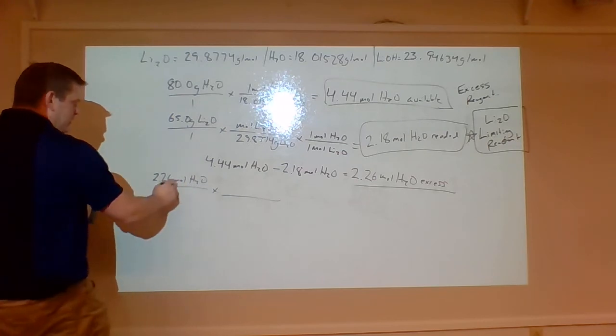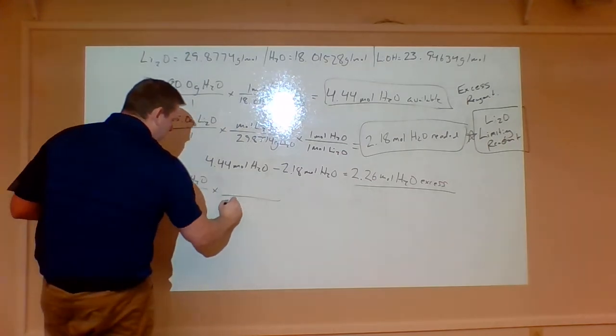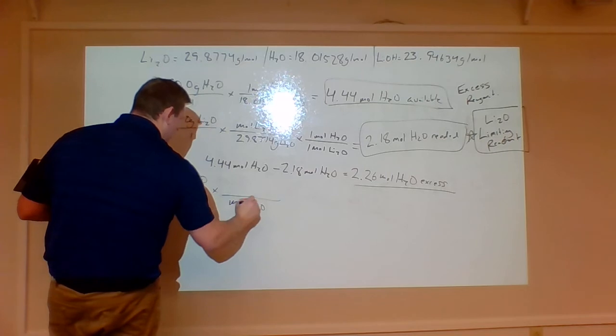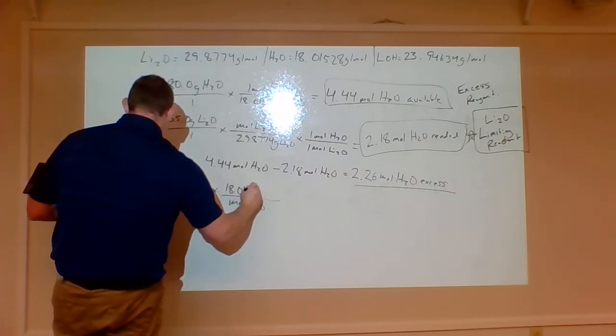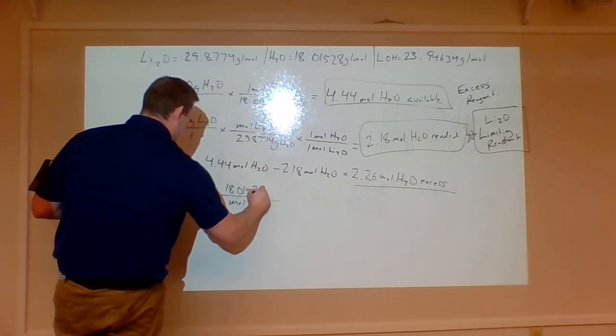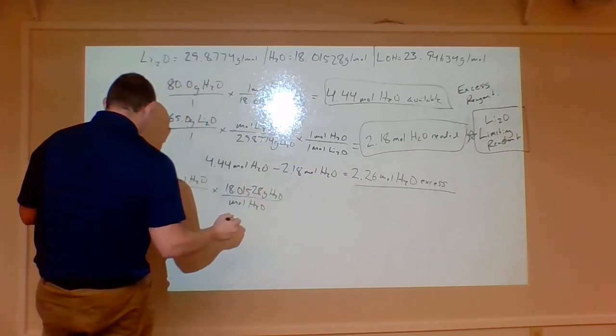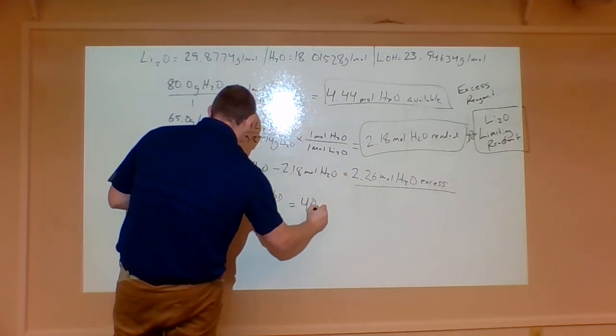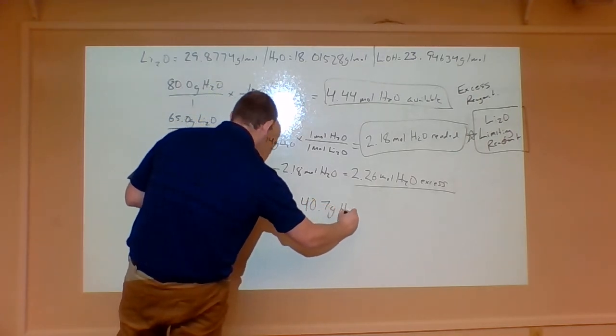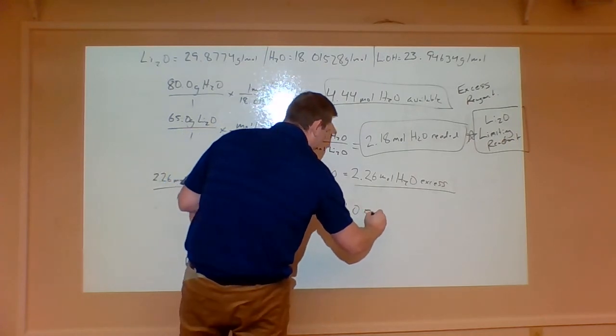Here the mole has to go on the bottom to cancel this out. So for every mole of H2O, we have 18.01528 grams of H2O. And that gives us an answer of 40.7 grams of H2O in excess.